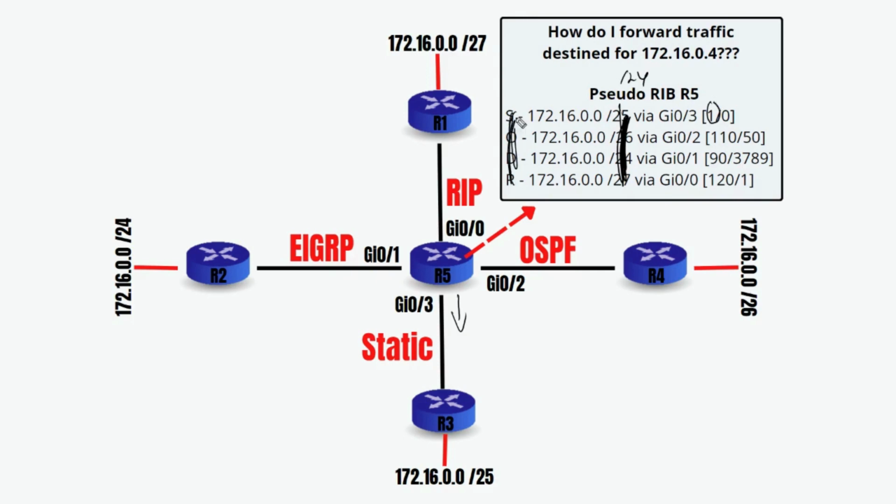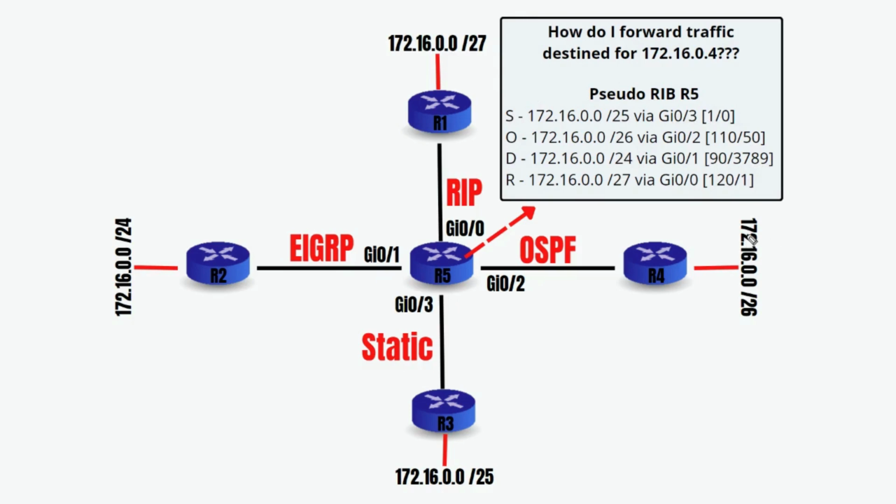Now let's get rid of the routing protocols. Let's say we have slash 24s and it's just EIGRP. Well, now it's going to go off the lowest metric. So if these were our actual metrics here, 0 would be the best, right? So it'd go out gig 0/3. Awesome.